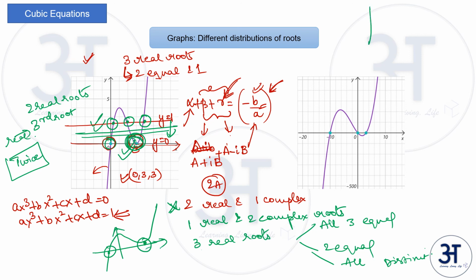Let me draw on the right hand side. It can either look like this as well. In this case, this will be the repeated root because this is the tip of this graph, and then this is one more. So if this root is minus a and this is b, the roots will be minus a comma b, right? This is one very important thing which you should keep in mind always.